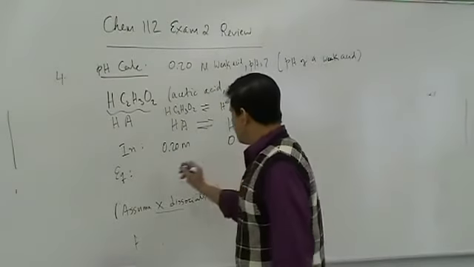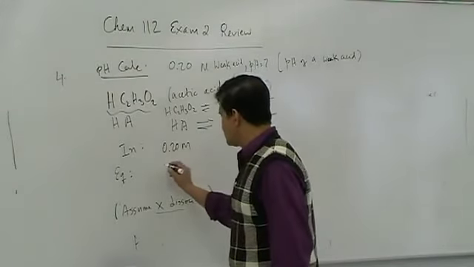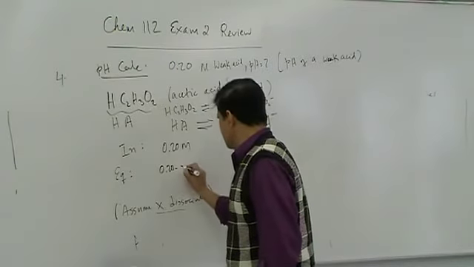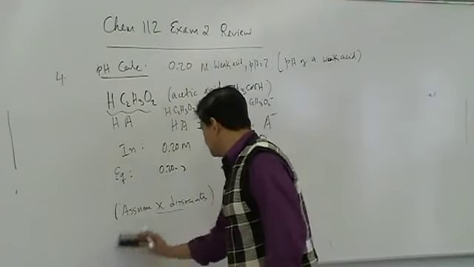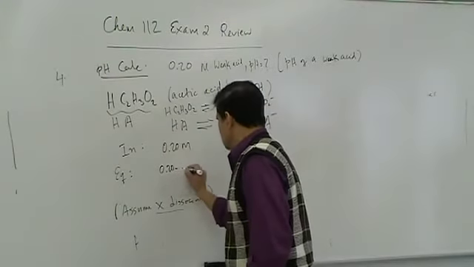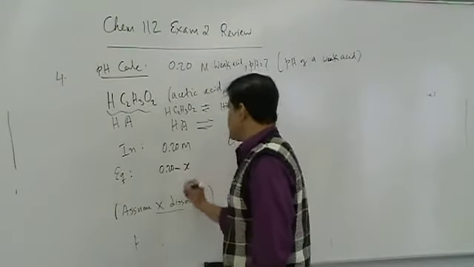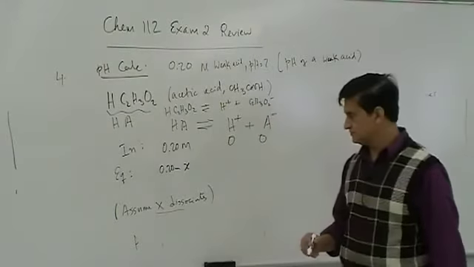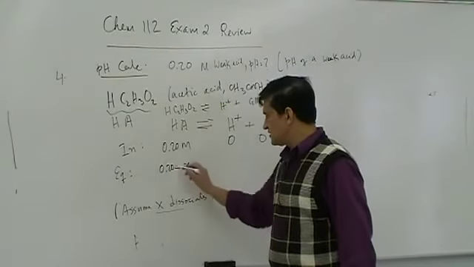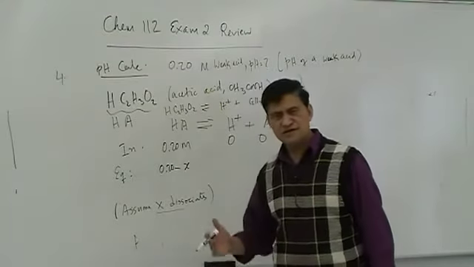Now, if X breaks down, how much is left over? 0.20 minus X. And that leftover concentration is called equilibrium concentration. So X breaks down, so this is going to be the remaining concentration. Think of it this way.